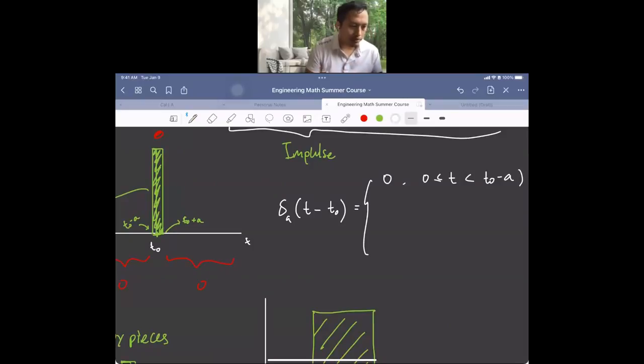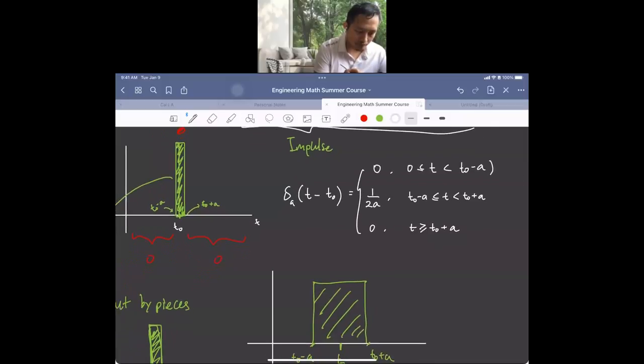Now the delta is equal to 1 over 2a from t0 minus a until t0 plus a, and after that it's going to be 0 again.